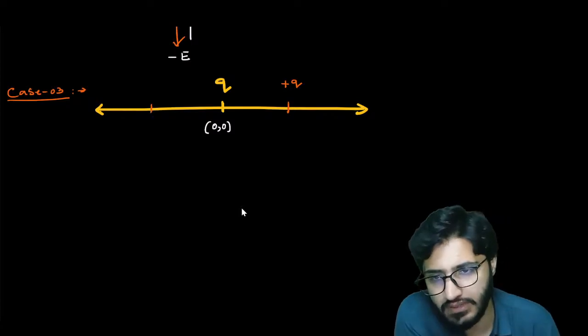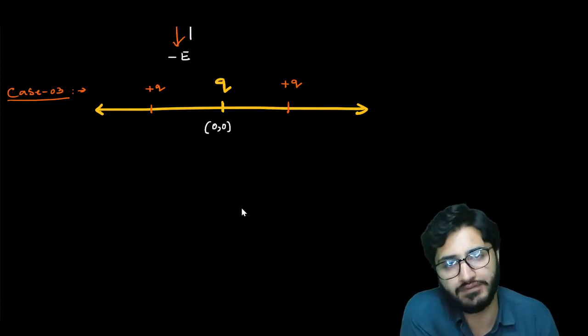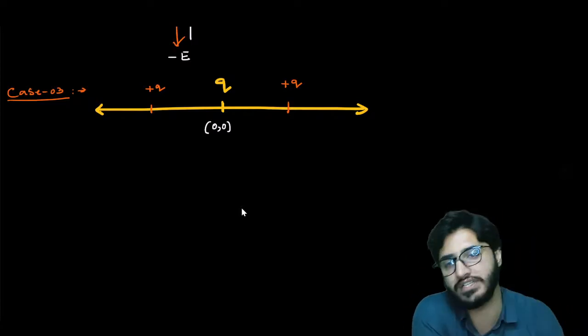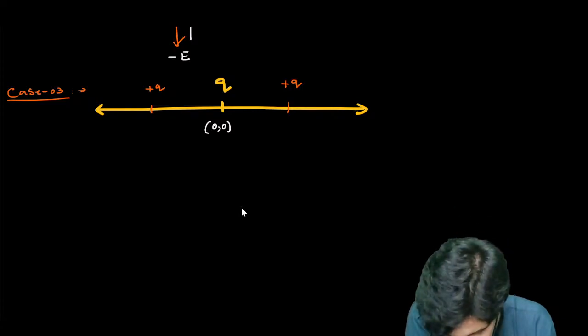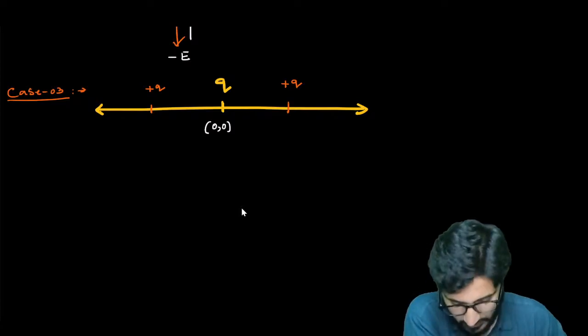Also here, we have a charged particle plus Q. Let us make a graph for it. How to represent the whole scenario in graphical terms? Look now.